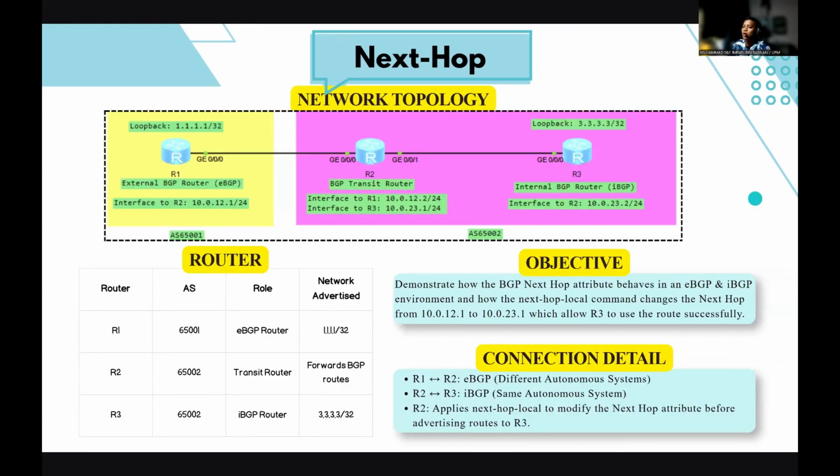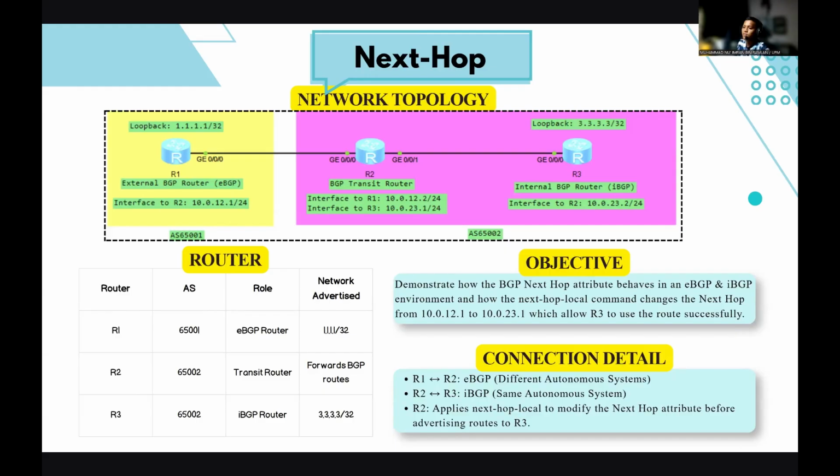Okay, so this is our topology of the next hop, where we have three routers in different autonomous systems. As you can see, in yellow color we have AS65001 and in pink color AS65002.